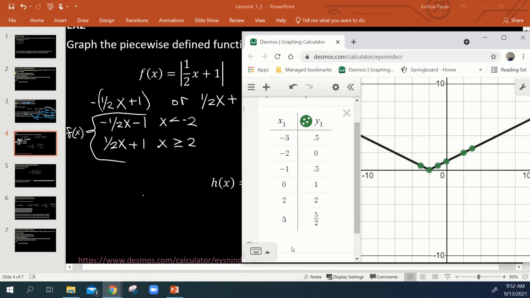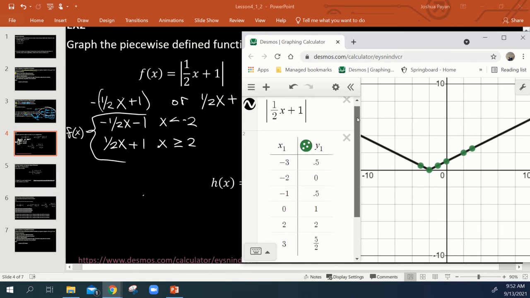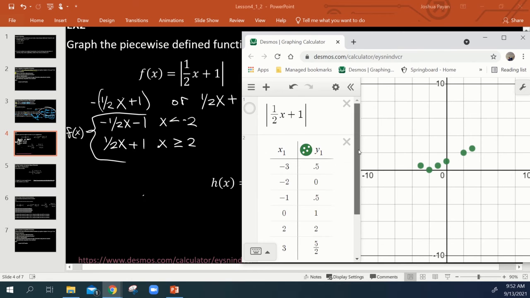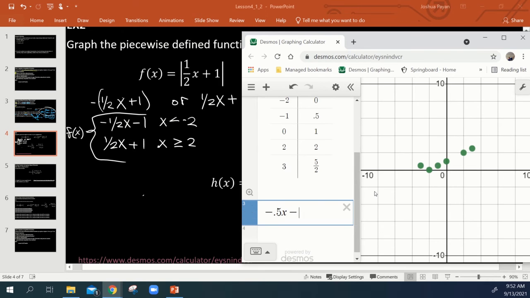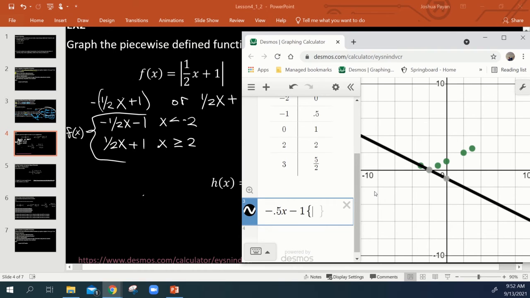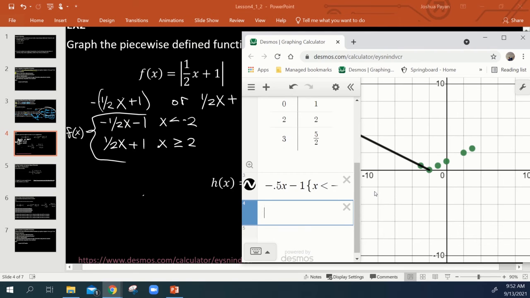Now let's check and make sure. I'm going to leave these points there, turn this one off, and try something. I'm going to see if it allows me to do this: -0.5 x minus 1, if x is less than -2. Oh, it passes through the point it's supposed to so far.